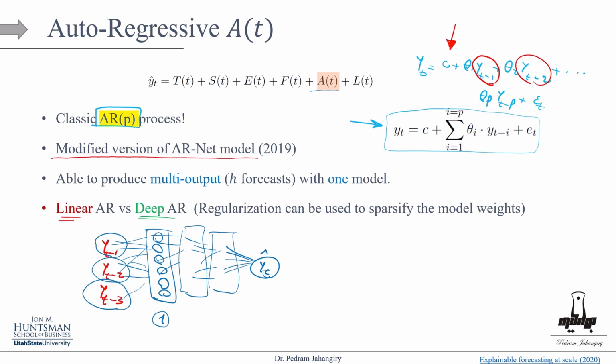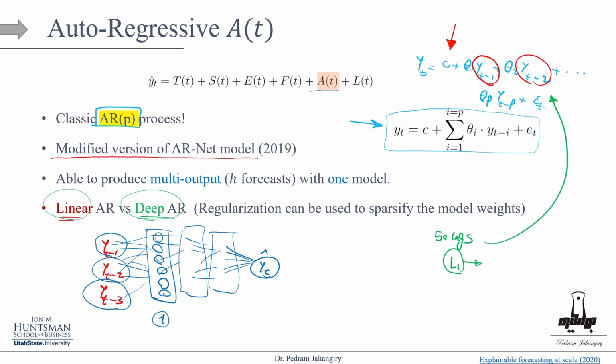And obviously, you can sparsify the model weights by some sort of regularization, whether you're using a linear model or a neural network model. What I mean by that, again, nothing fancy here. Imagine I can use 50 lags in a linear model, and say, you know what, let's use the L1 norm, absolute value, as the penalty, add it to the loss function, and then regularize those weights.